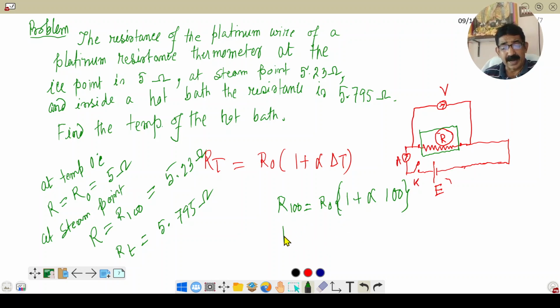And RT is equal to R naught into 1 plus alpha into T. So these are the two relations derived directly from the original formula, equation number 1 and equation number 2.